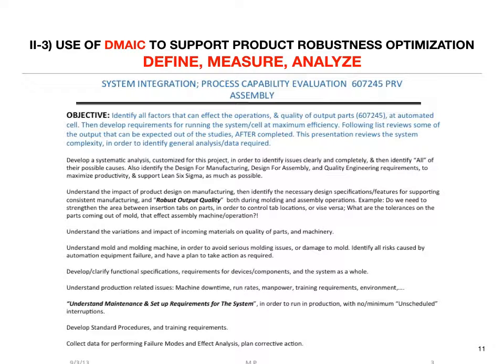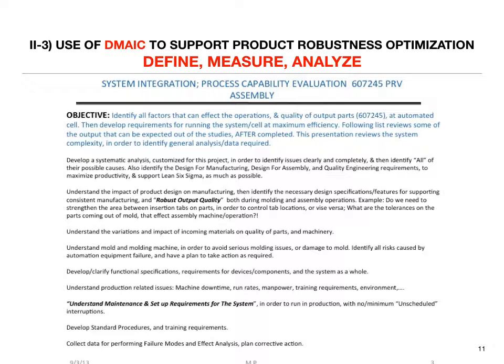So first thing was to develop a systematic analysis customized for this project in order to identify issues clearly and completely, and then identify all of their possible causes. Also identify the design for manufacturing, design for assembly, and quality engineering requirements to maximize productivity and support Lean Six Sigma as much as possible.